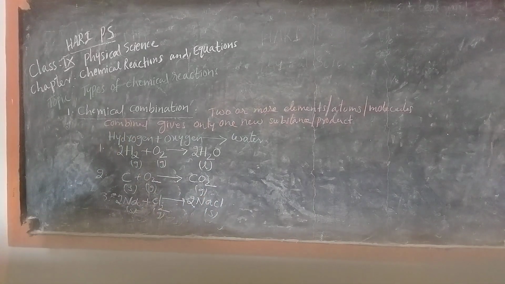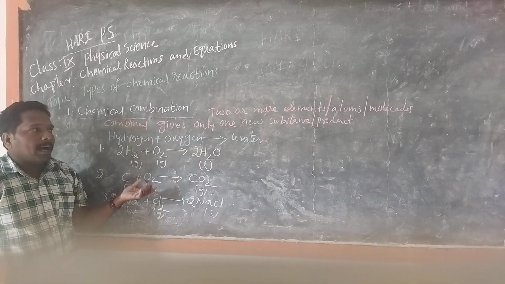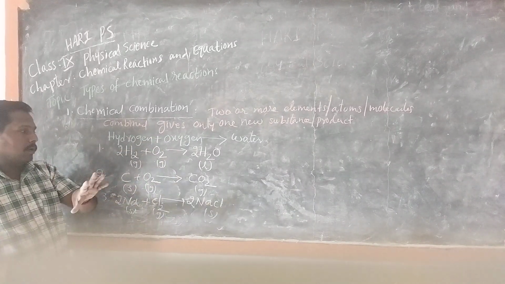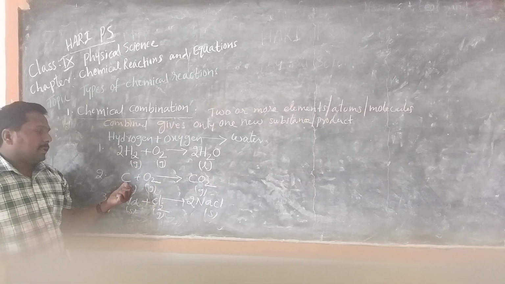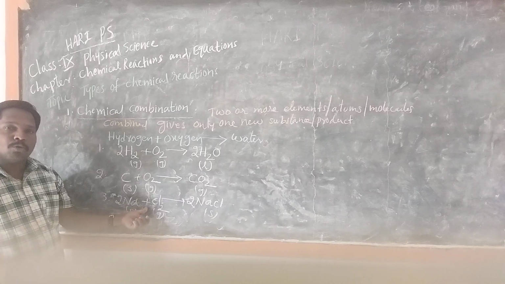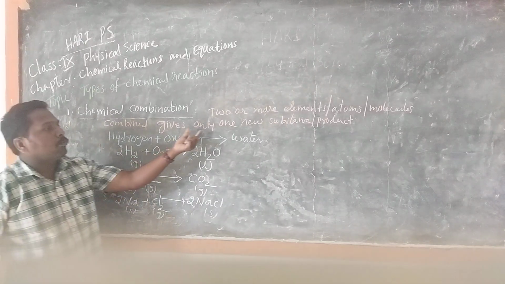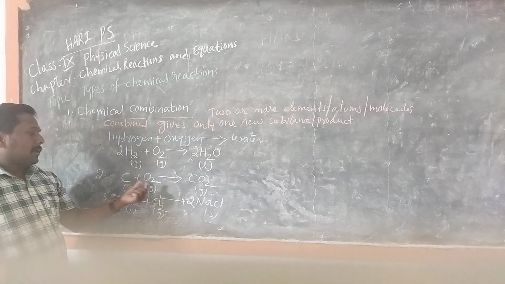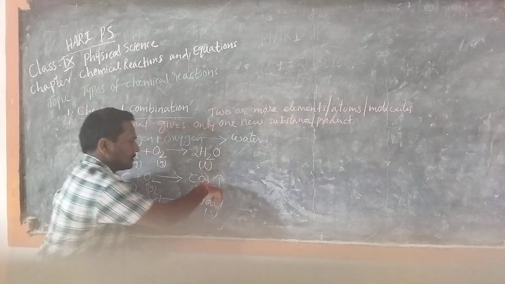Observe these examples. How many substances are involved in the reaction? Only 2. The first example, hydrogen and oxygen; second, carbon and oxygen; third, sodium and chlorine. Hydrogen and oxygen combine and form only one new substance, H2O. Carbon and oxygen give carbon dioxide, a gas.